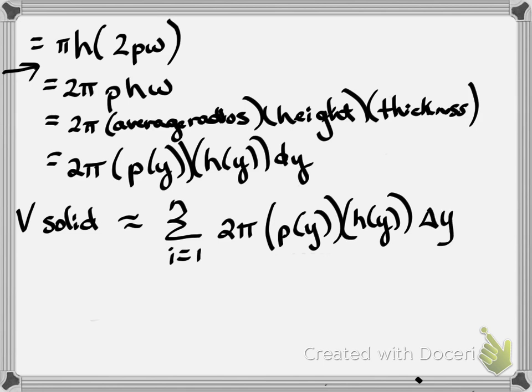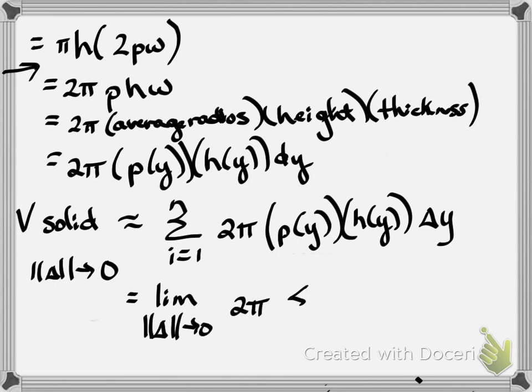And then just like in class, as the norm approaches 0, as the largest subinterval for dy gets smaller and smaller, so that happens as n gets larger and larger, then this would be the limit as the norm approaches 0 of this formula, 2 pi sum i equals 1 to n, p of y, h of y, dy.